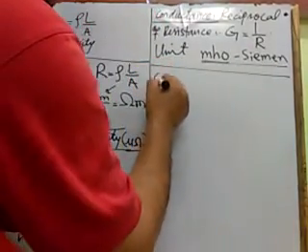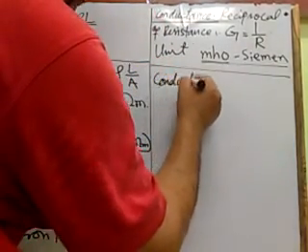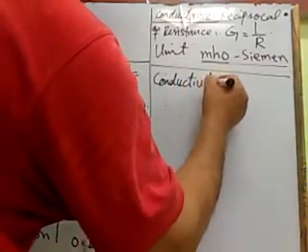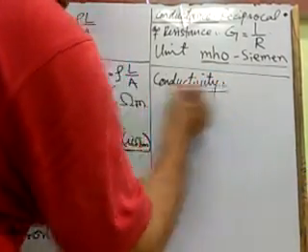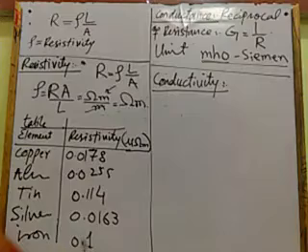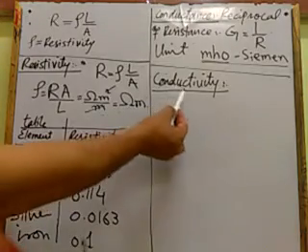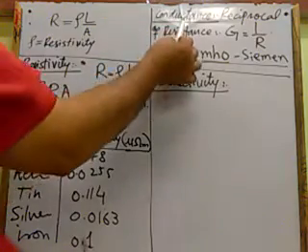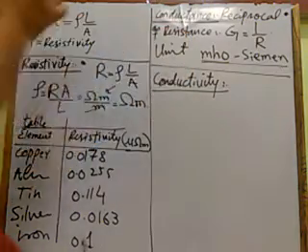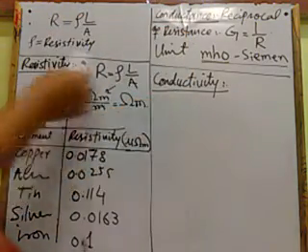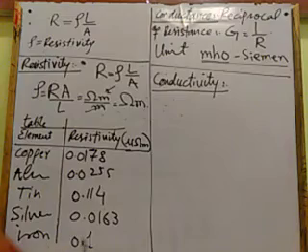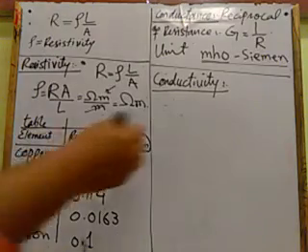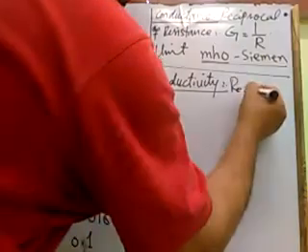Another concept related to conductance is conductivity. Conductivity is taken as the reciprocal of resistivity. Conductance is taken as the reciprocal of the resistance. Conductivity is the reciprocal of resistivity.